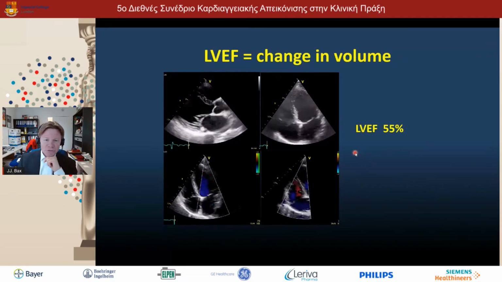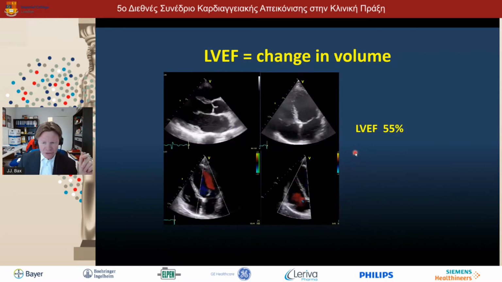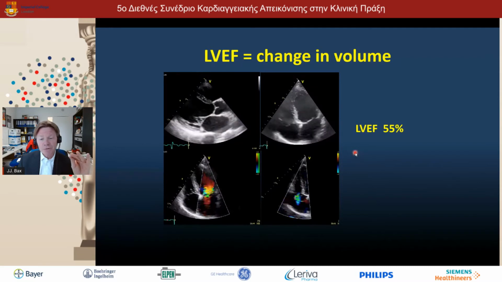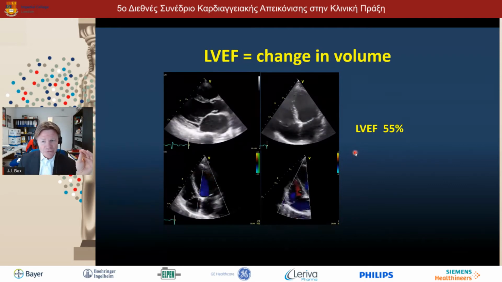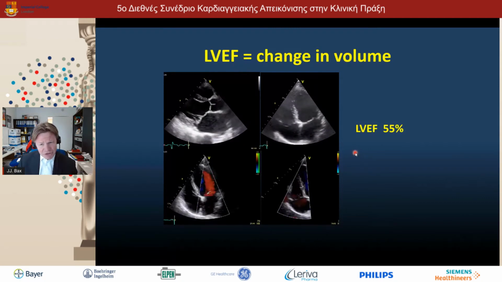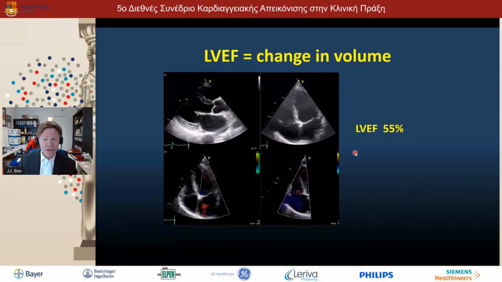There's one caveat with these things, because if I have a severe mitral regurgitation, then part of the blood is not leaving through the aorta, but part of the blood is going down in the atrium. And that means that if I have an ejection fraction of 55% with a severe mitral regurgitation, in the same patient, the ejection fraction, if he wouldn't have that mitral regurgitation, would be much more, maybe 70%.